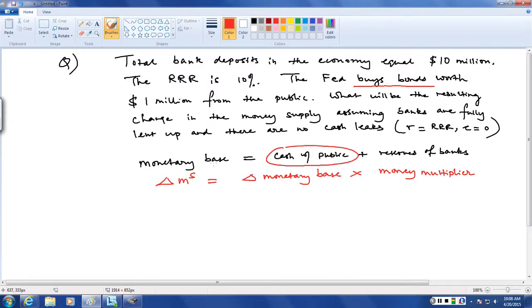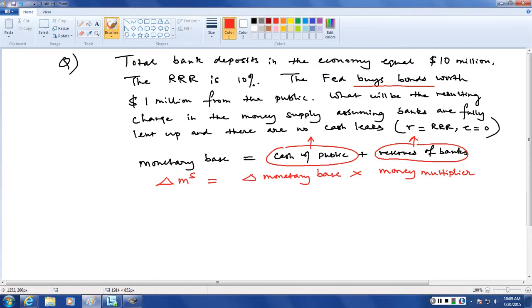When the Fed's buying your bond, taking your bond, giving you, let's say, cash, wouldn't that bump that up? Yes? And then you're going to take some of that money, or maybe all of it, and deposit it in your bank. And once you deposit it in your bank, it'll cause the reserves to bump up, you see? So the point here is that when the Fed buys bonds, the monetary base rises.